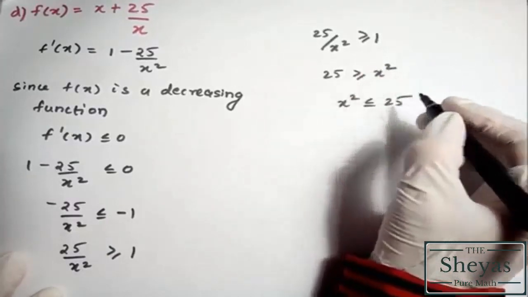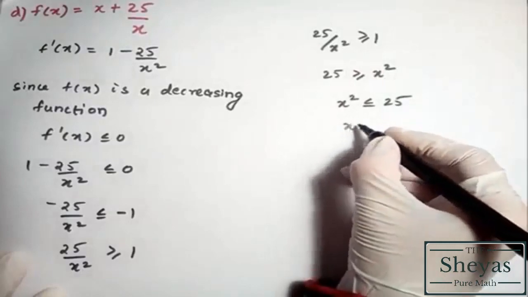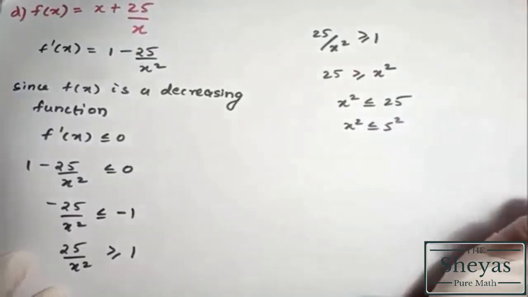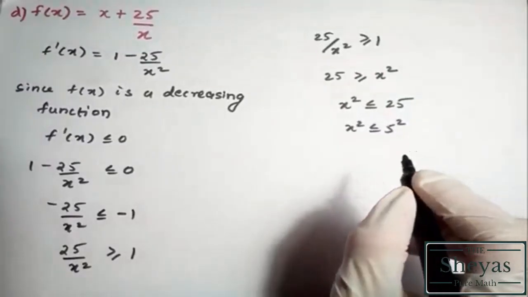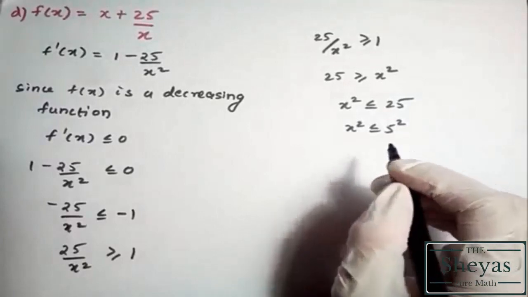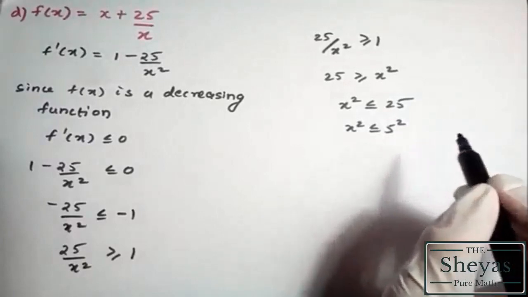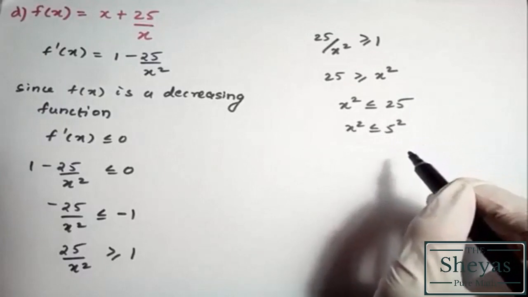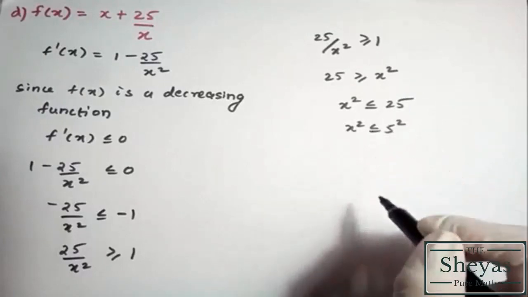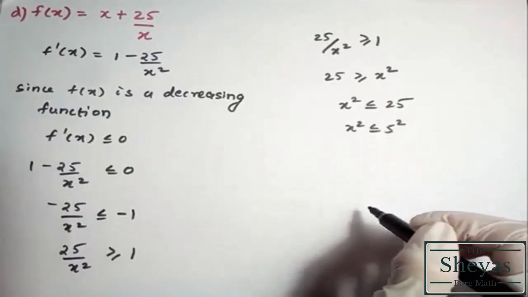Both are same. x square less than or equal to 5 square. So same like the previous problem, where we solved x square less than or equal to 3 square, the same steps should be followed here also.